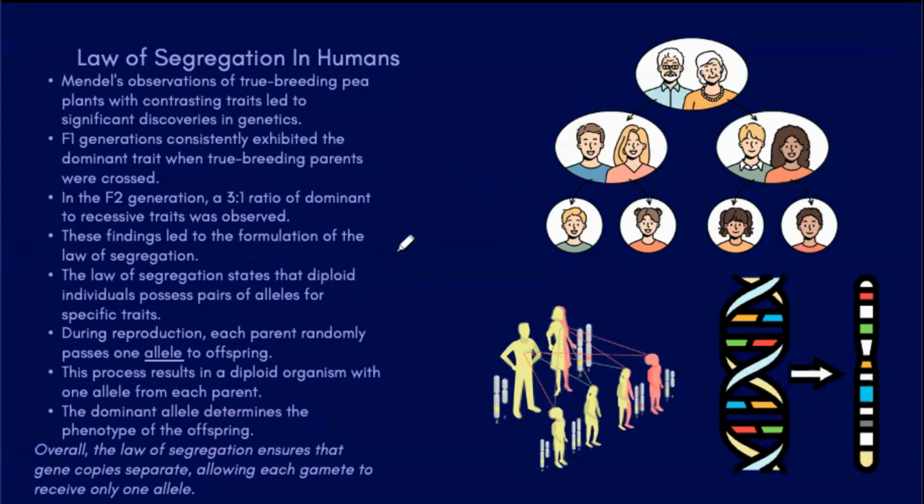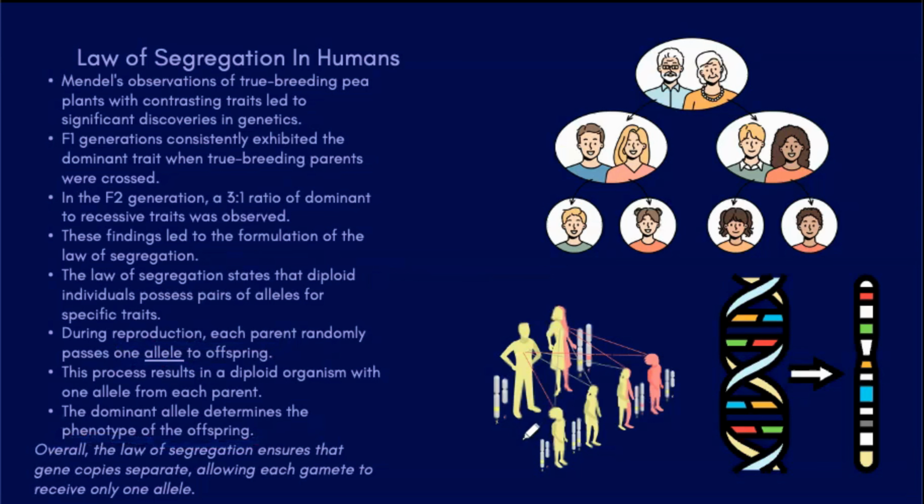The law of segregation basically says that when you have the dominant and recessive, the dominant basically takes over. But we know that during reproduction, each parent will pass on one allele to its offspring. And then the combination of that dominant and recessive, or recessive and recessive, will basically determine the phenotype of that offspring.